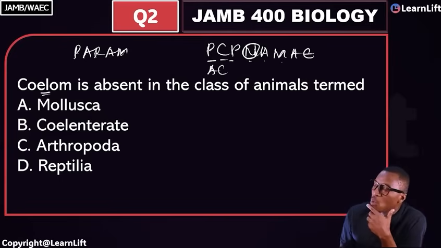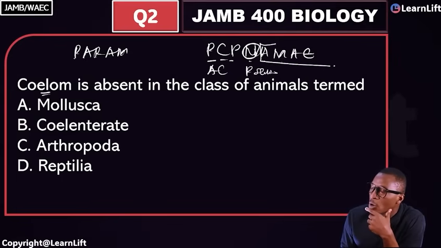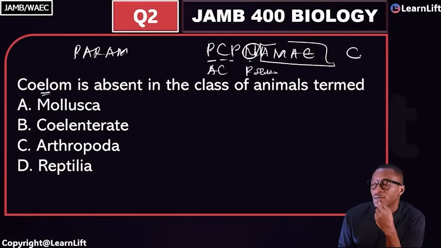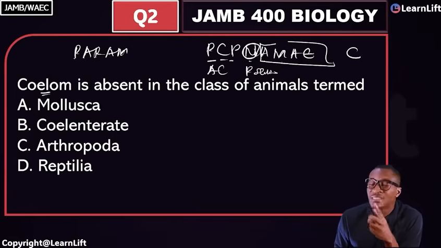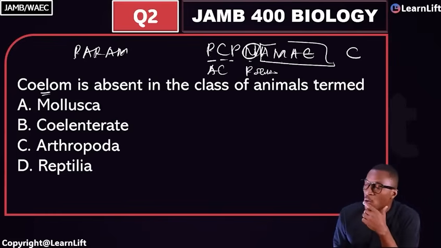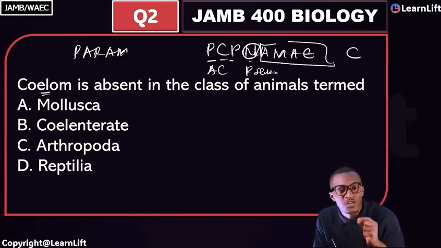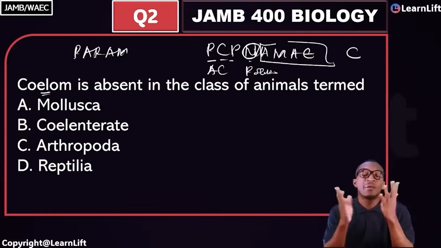And you see that these nematodes are said to be pseudocoelomate, while from your annelid upward are said to be coelomate. Let me take that again. Your protozoa, coelenterata, platyhelminthes are acoelomate. That means they lack true coelom, while nematodes are pseudocoelomate. They are false coelom because their coelom is occupied by fluid.